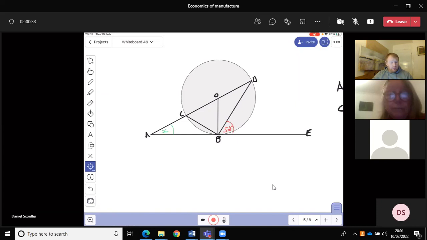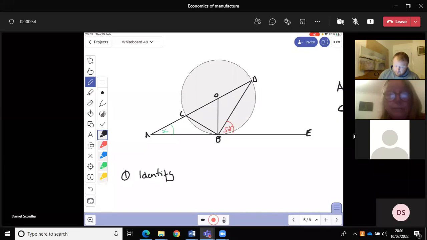So where do we want to start? The first thing I would start by marking up would be the radiuses, and that's a good place to start with everything. Highlight what you know and then go from there. So step 1, I would look at identifying the radiuses.